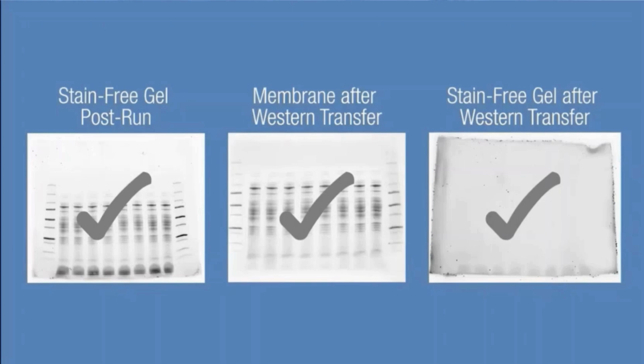So again, there is no need for staining, and because there is no need for staining, there is no need for destaining. As you know, you can use Coomassie stain or you can use other stains, but after the transfer, the gel will have a really low amount of protein, as we expect.